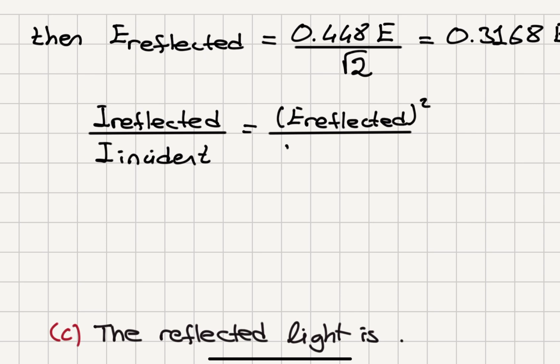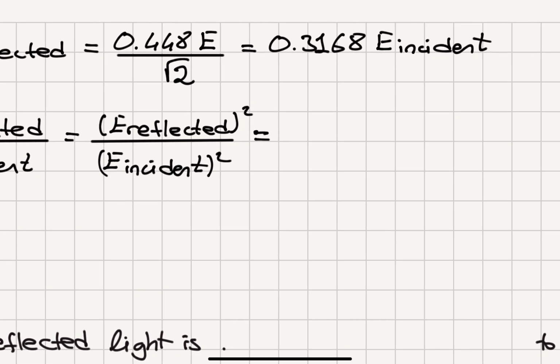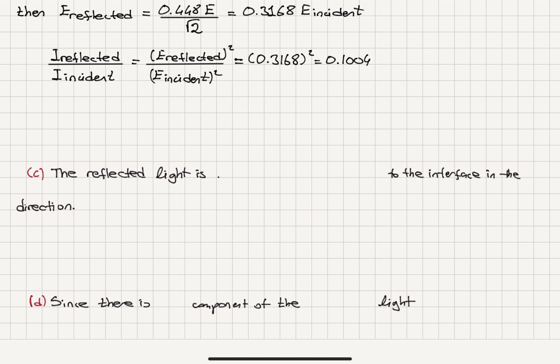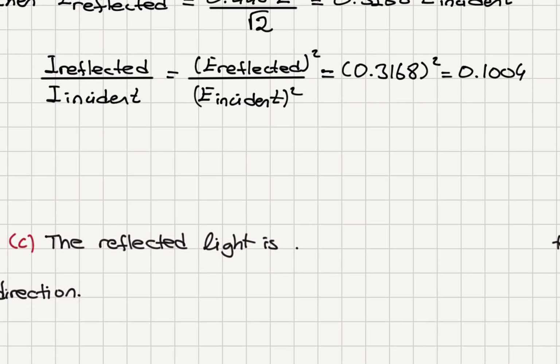E reflected squared divided by E incident squared. And that ratio we have determined to be 0.3168. So this is 0.3168 squared, which is 0.1004.